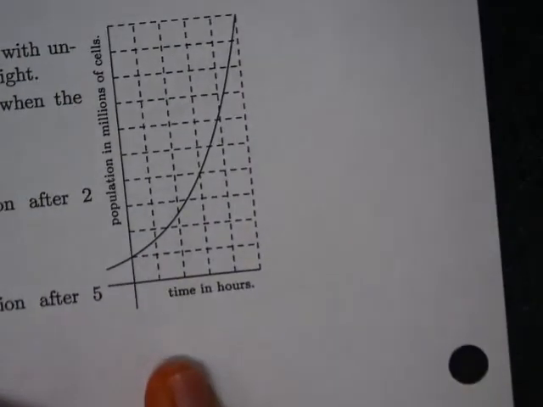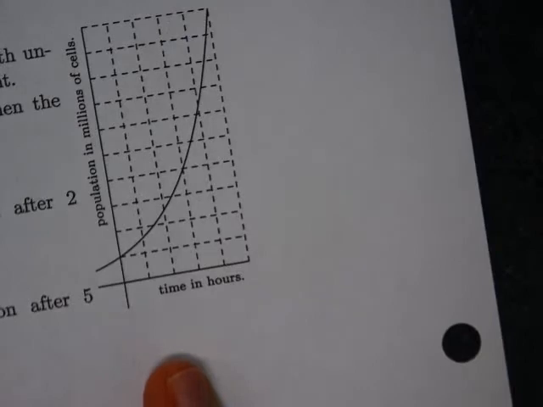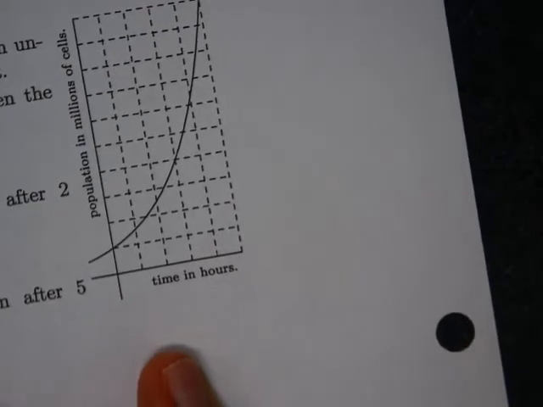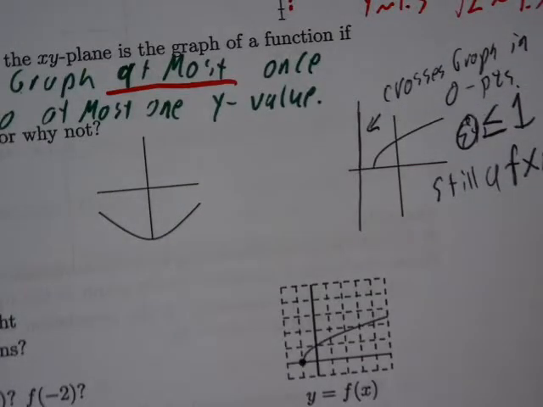We'll do maybe one example where you have a graph that models some behavior that you're interested in, and you can use that graph to make predictions. And finally, the last thing we'll do is introduce this idea of a piecewise function when we talk about absolute values. We can graph piecewise functions. We'll think that through, and that'll be the last thing we do today. So there's an overview. Hopefully getting the wide-scale picture of what today will be is useful.